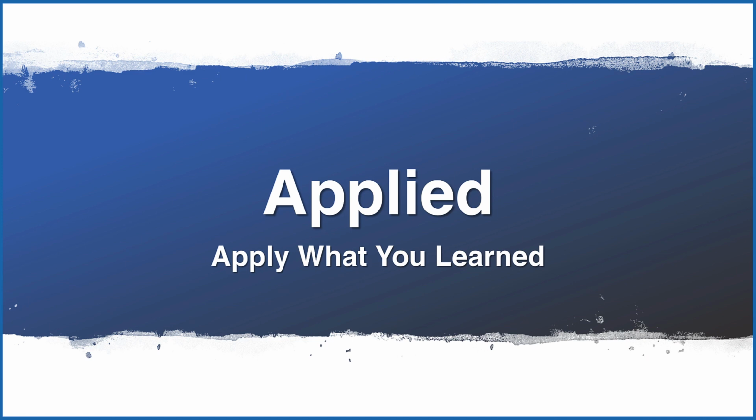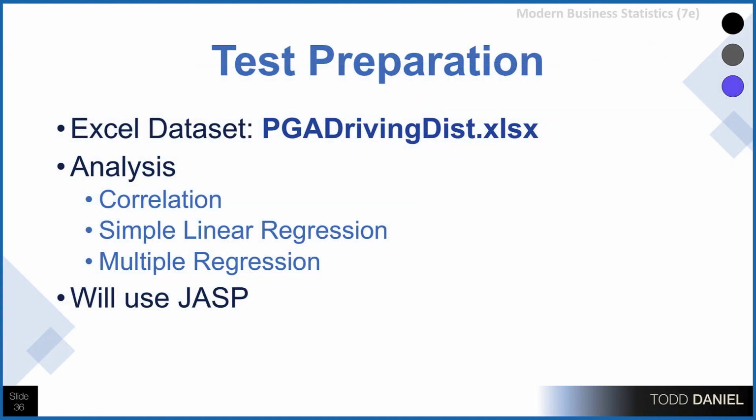So let's wrap up talking about what you need to know for the applied section of the test. You will be given an Excel dataset called PGA driving distance, and you will do a correlation, a simple linear regression, and multiple regression. And for this, you will use JASP.